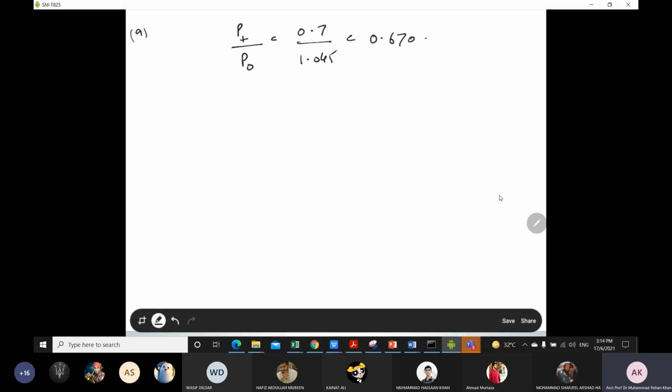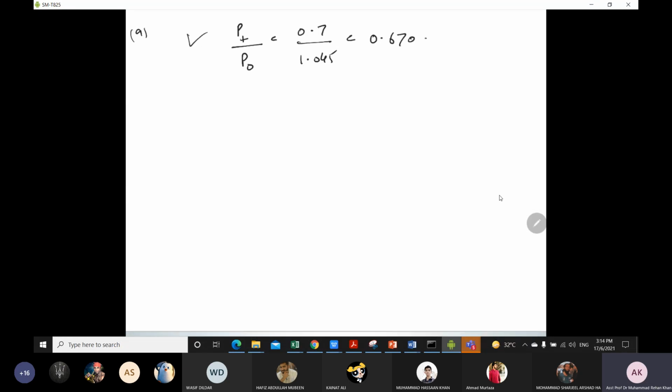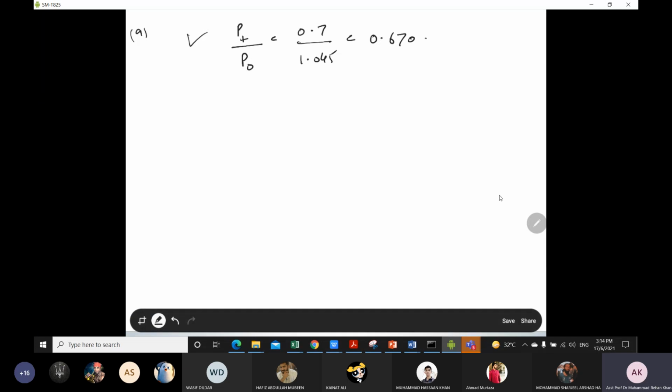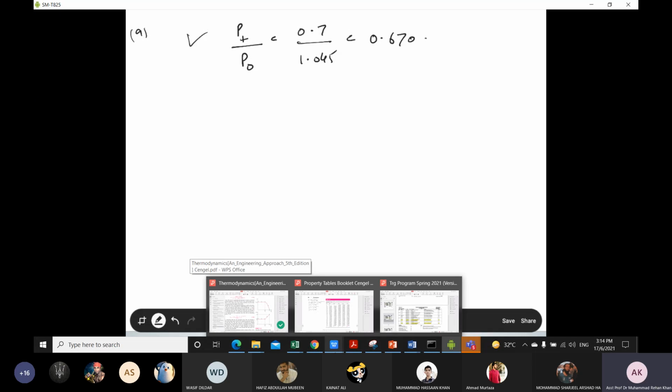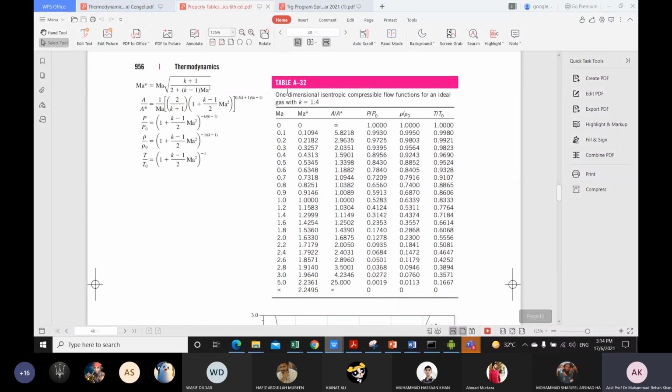By using this data, we can go to the thermodynamic table and find some data. Which table do we have to look into? We have to look into table A32, which is the one-dimensional isentropic compressible flow functions for an ideal gas. Here you can notice that the Mach number is known at different values.